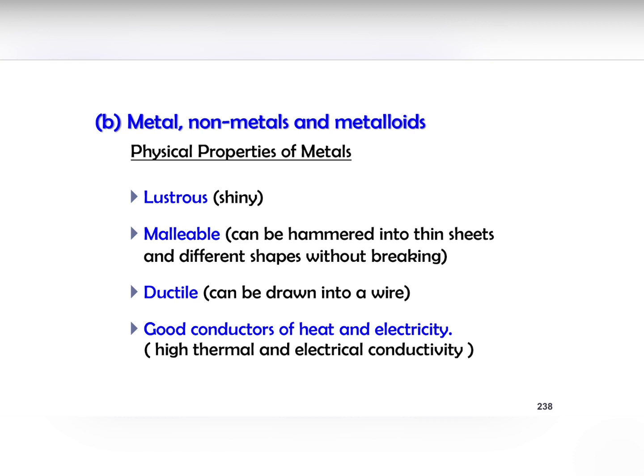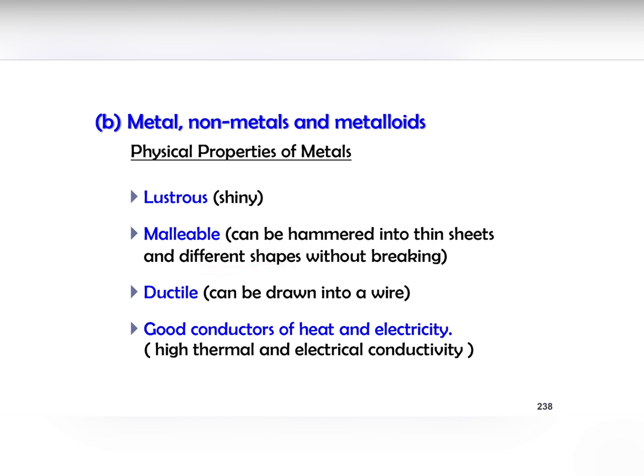It is lustrous ataupun bersifat shiny and malleable. Malleable means it can be hammered, boleh diketuk, and you can form a thin sheet or a thin layer of metal. And you can also mold it into different shapes. Kamu boleh temper the metal into different shapes without breaking it.